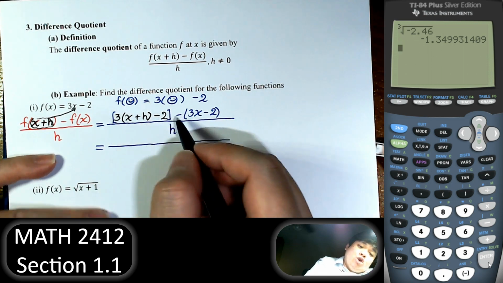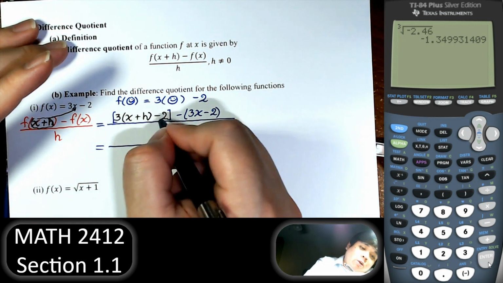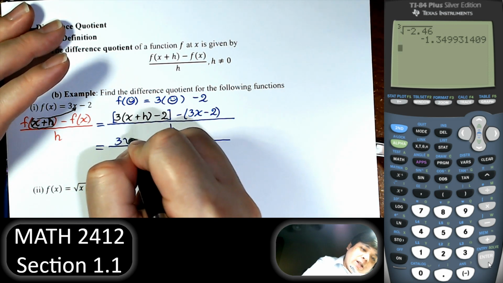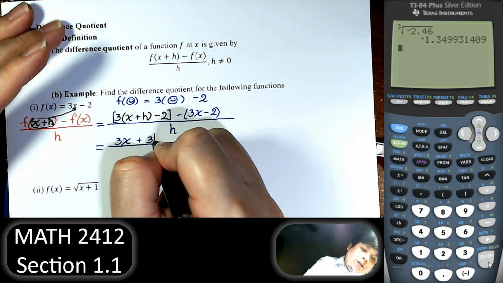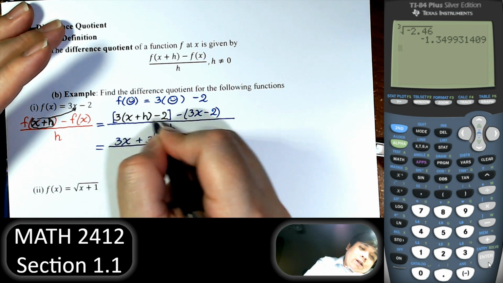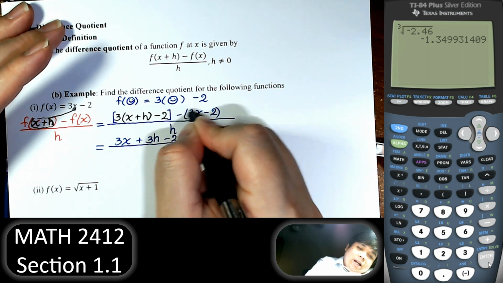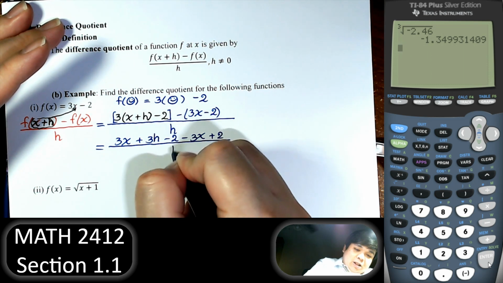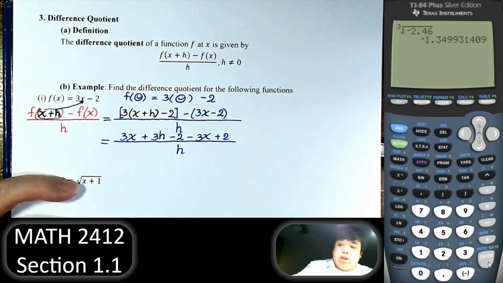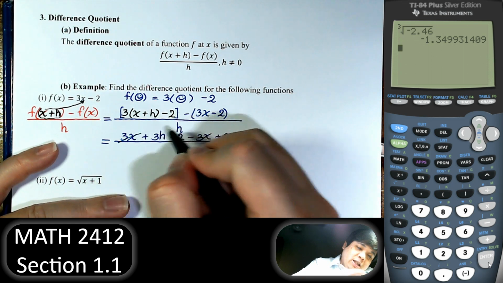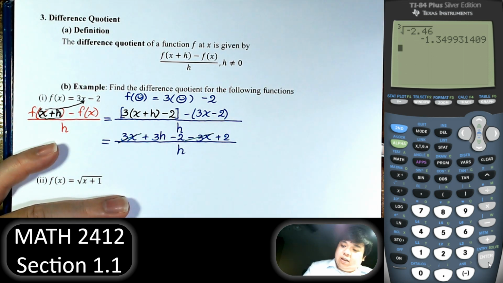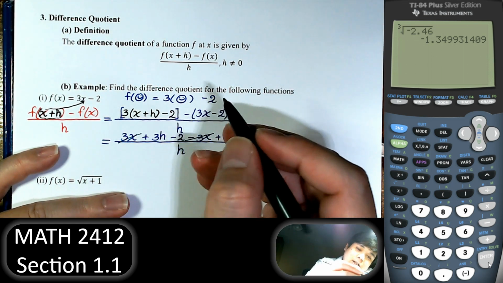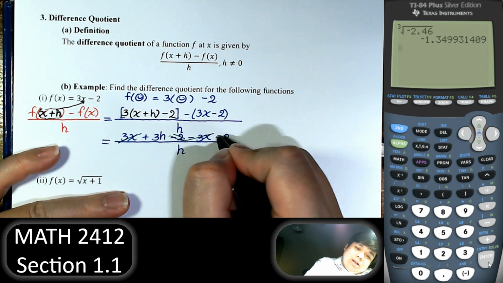Now, multiply it out, remove the parentheses or the bracket: 3x plus 3h minus 2, and then minus 3x, and minus a negative turns into a plus. Now what we see here is that the 3x cancels with the negative 3x, and the negative 2 cancels with the 2.